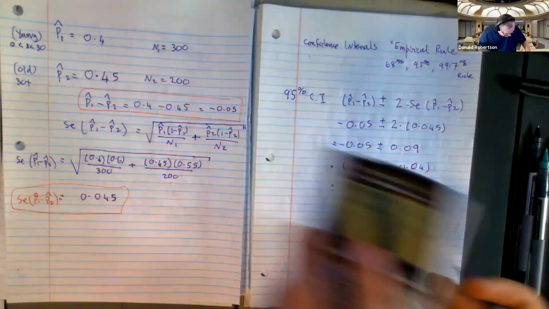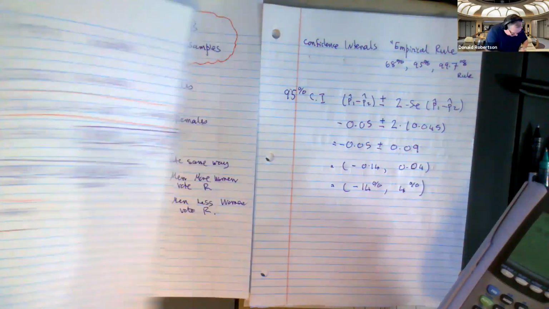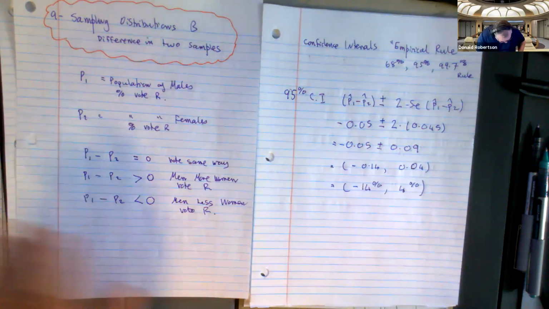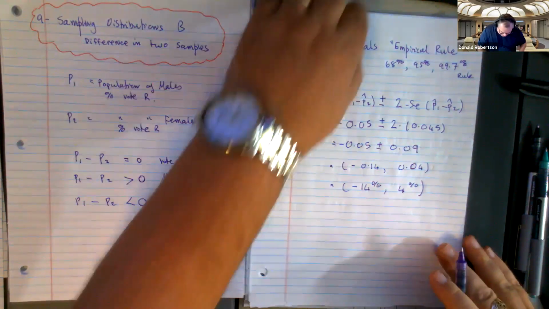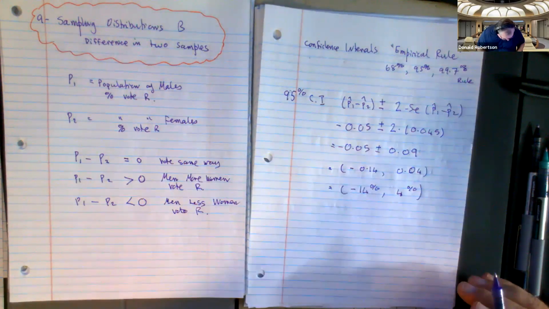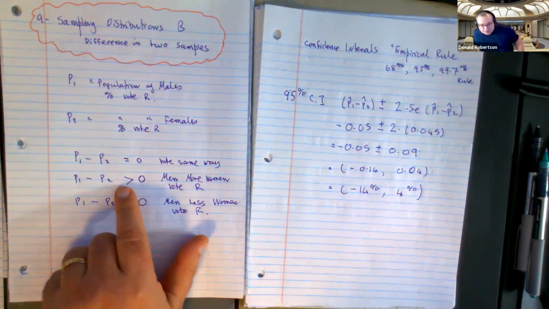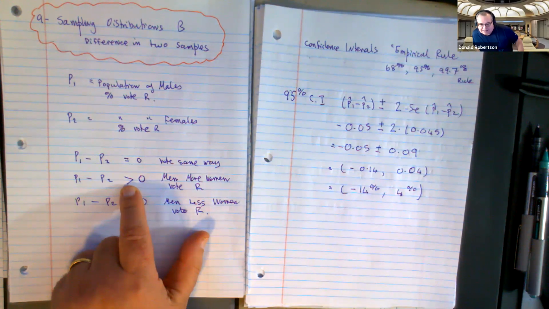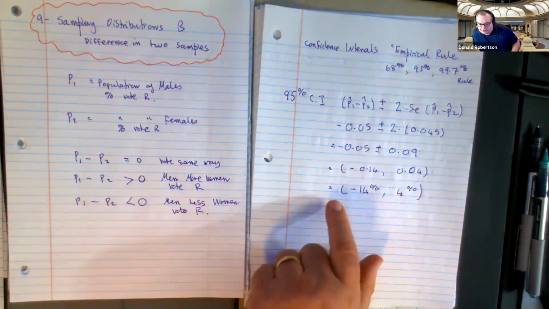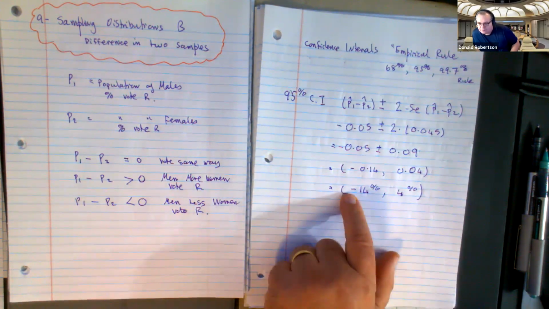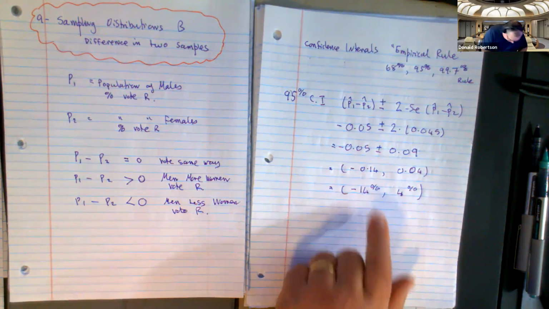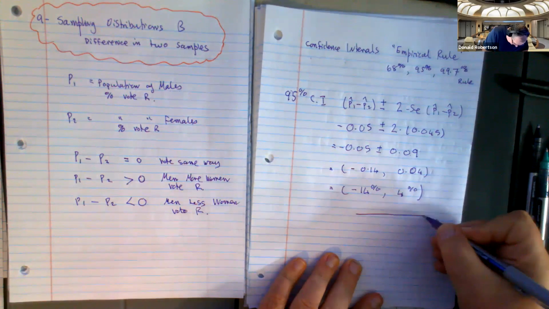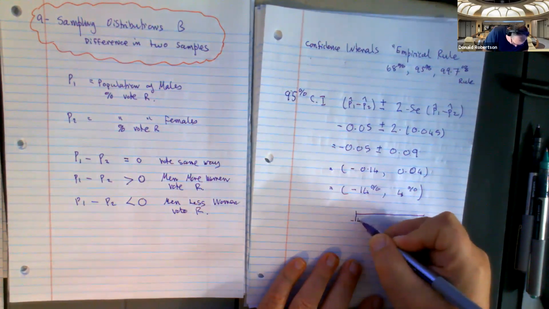And now we can answer this question. But you have to be really careful about how you answer it. Do you see that this interval contains negative and positive numbers? Right? If you imagine a little number line, negative 14 is about here, 13, 12, 11.